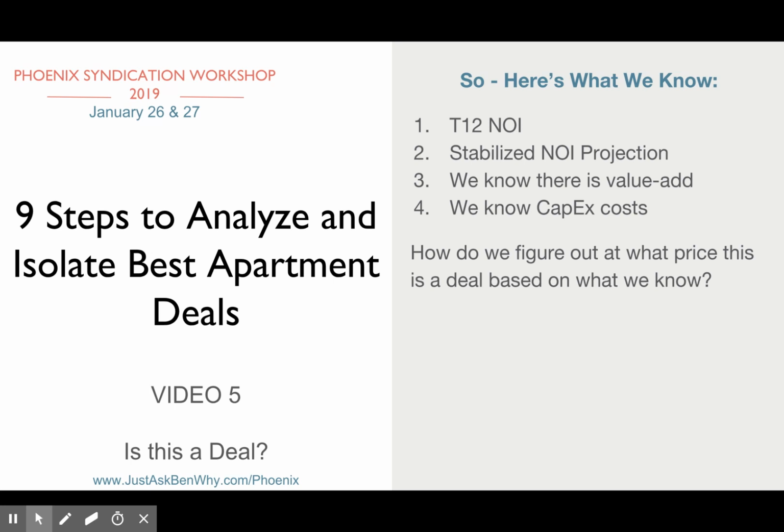So this is what we know. We know we have all this data, but at the end of the day, how do we figure out at what price this deal is a deal? I mean, all of that information, steps 1, 2, 3, and 4, may be true and valid, but at what price does this building really make sense as a transaction?